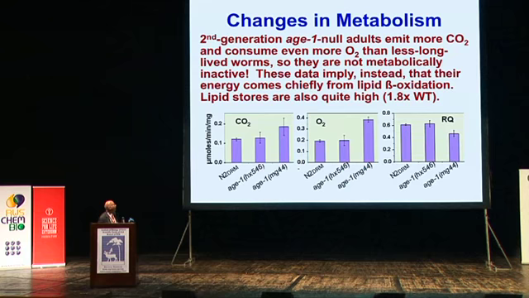Changes in metabolism were long suspected to underlie greater longevity. Maybe to be long-lived, you have to slow down metabolism. Well, it turns out that the very long-lived worms are not low in metabolism. They actually generate more carbon dioxide, and they consume more oxygen by almost a factor of 2 than either the weak mutant, which is much less long-lived, or wild type.